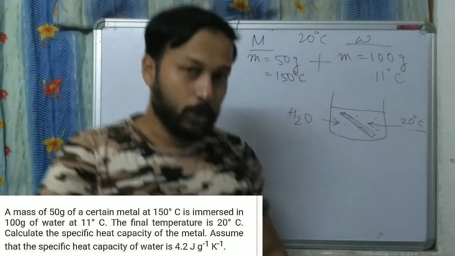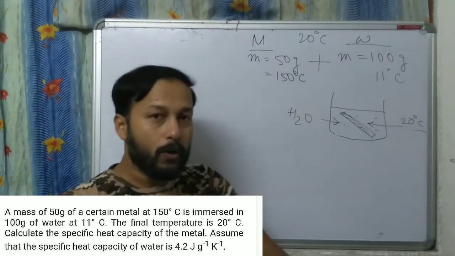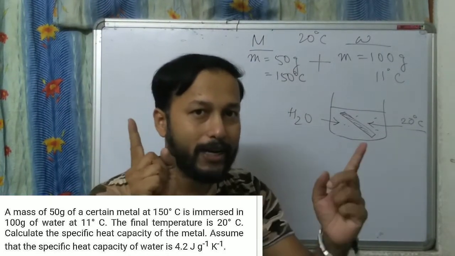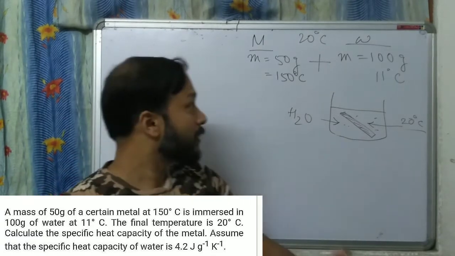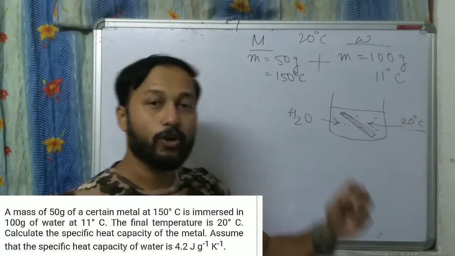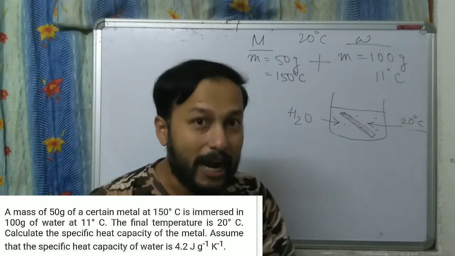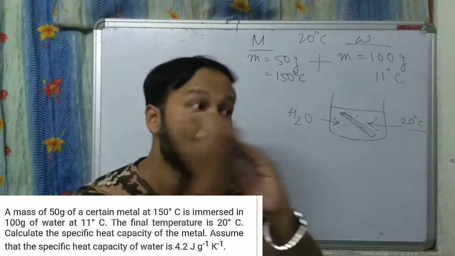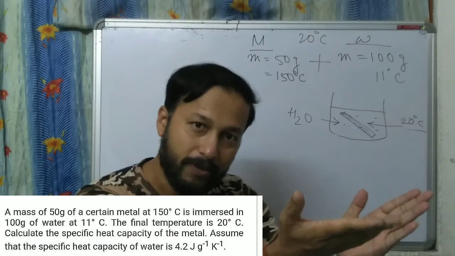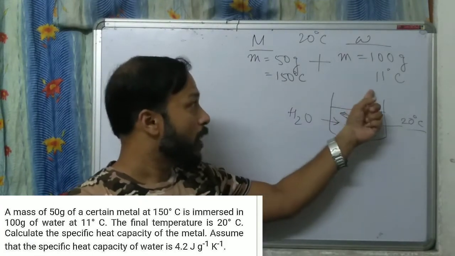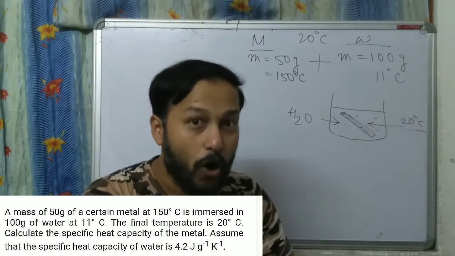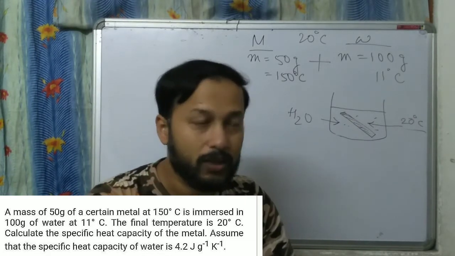Now, out of this metal and water, which is of higher temperature? The metal is of higher temperature. That means metal will give heat. Fine. Now, metal and water, which is of less temperature?